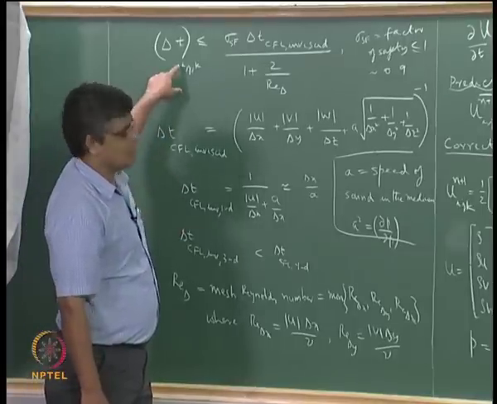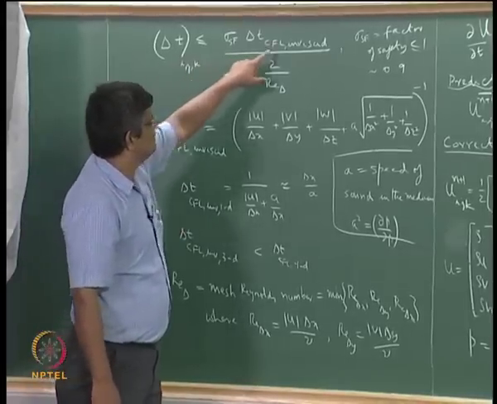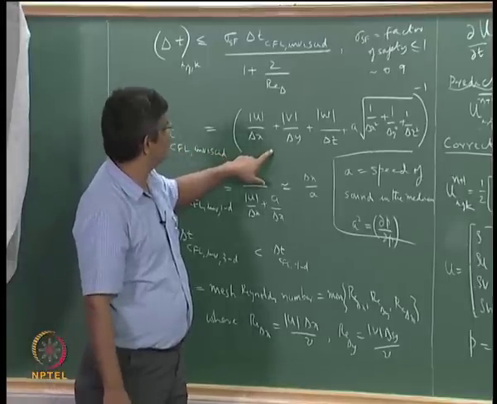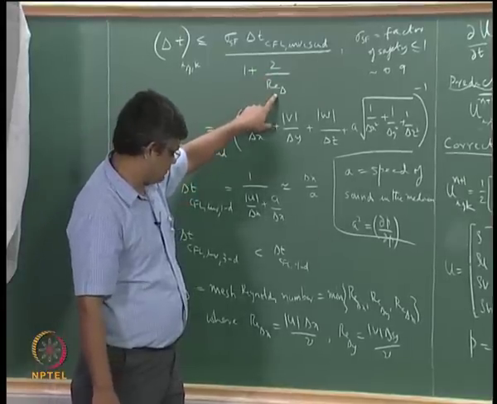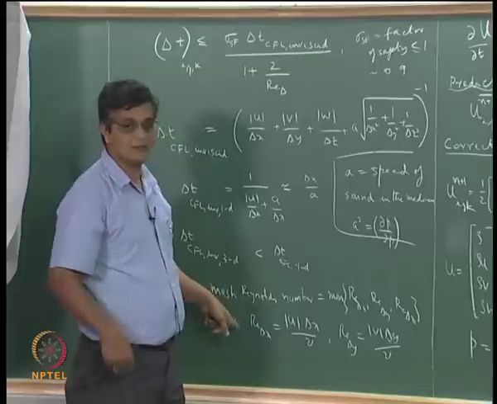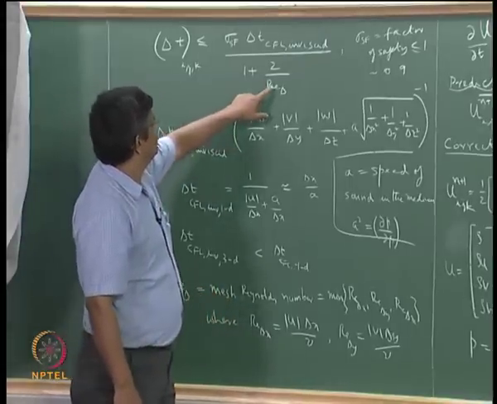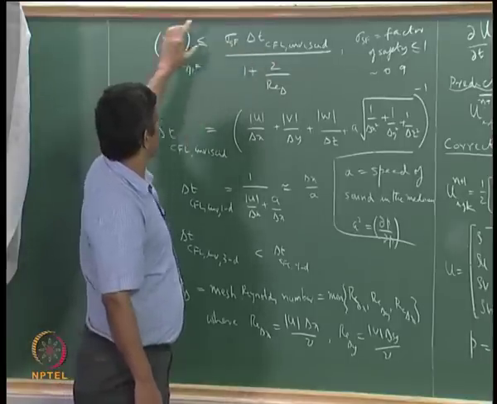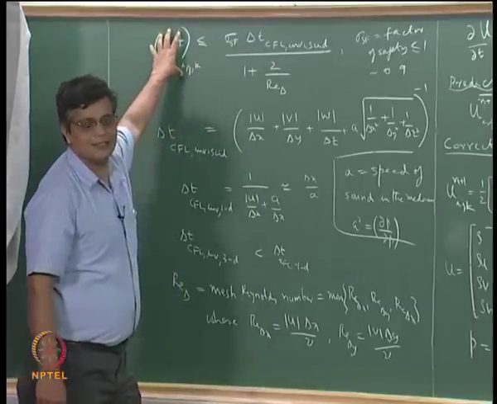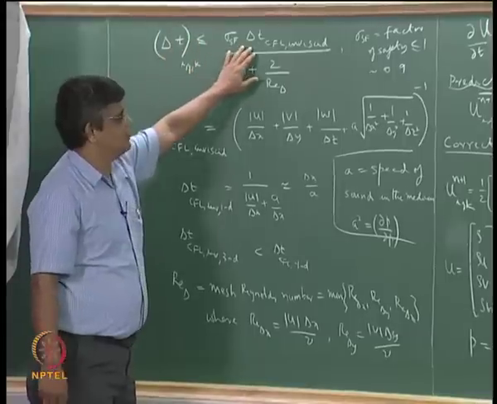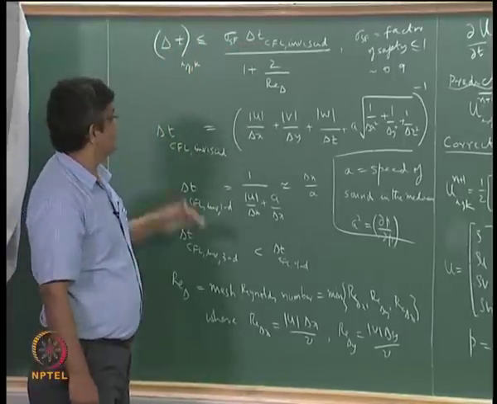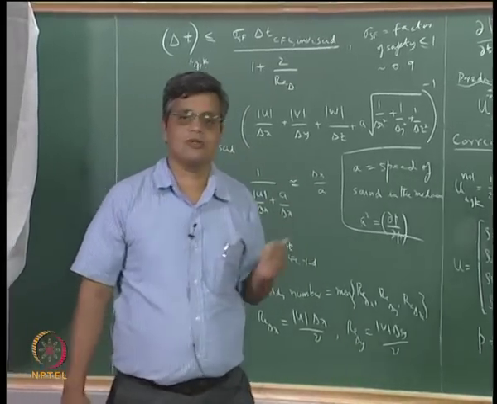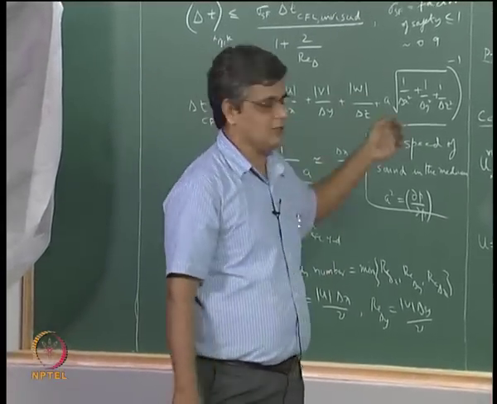The actual value is made smaller by the fact that you have 3 dimensions, so the CFL value itself is smaller, and you have an additional contribution coming from the Reynolds number, that is the viscous stress component, and there is also an additional factor of safety which makes it less than this. Because of this, the delta t ijk is less than the ideal value for the 1-dimensional case, and we have to choose the smallest of the delta t's for all the grid points to progress further.